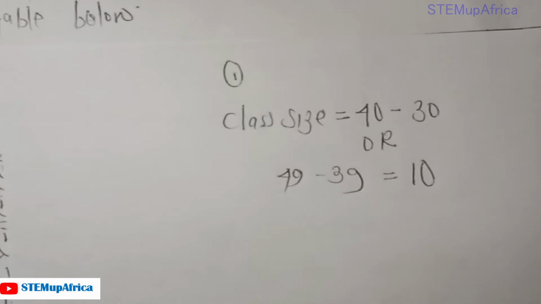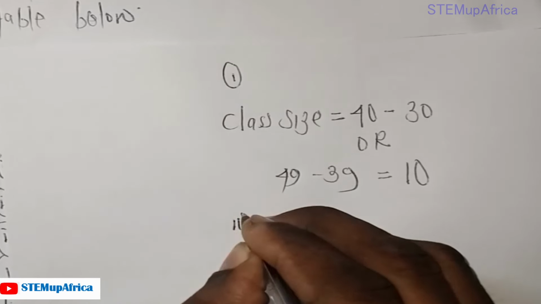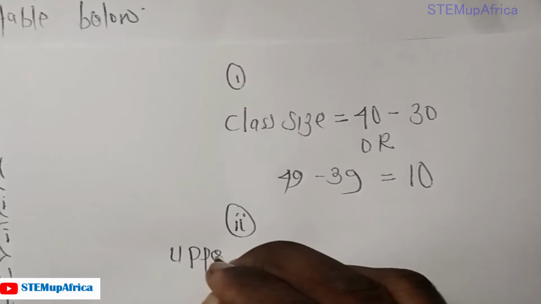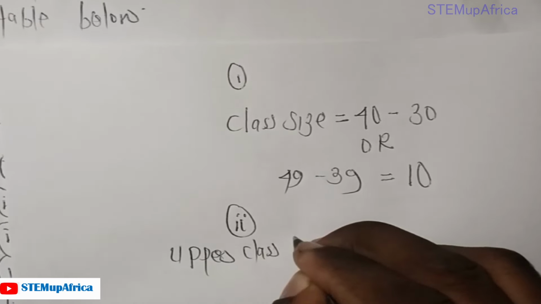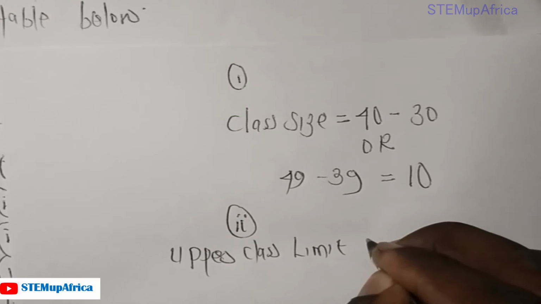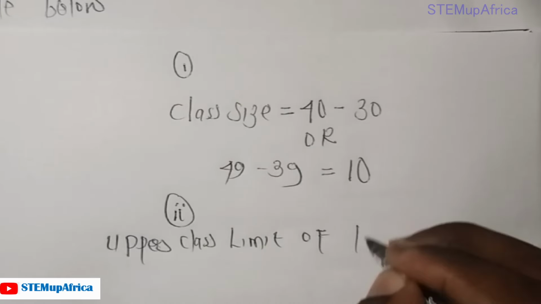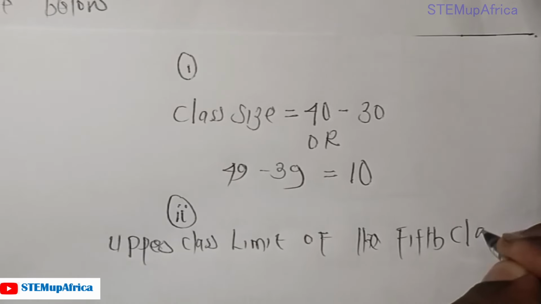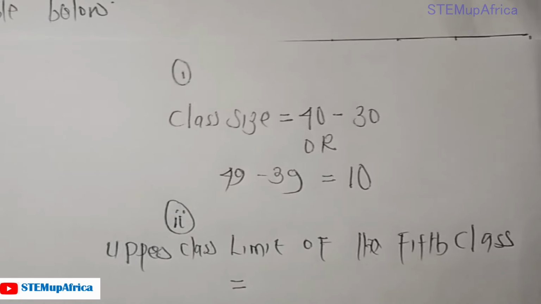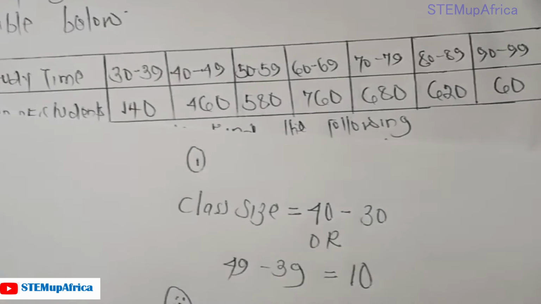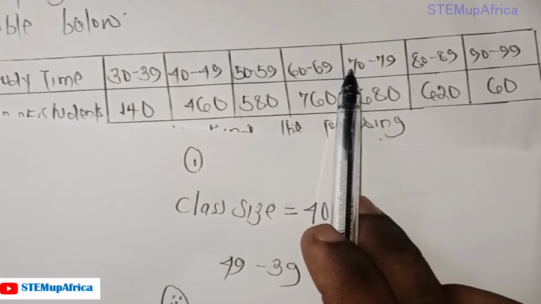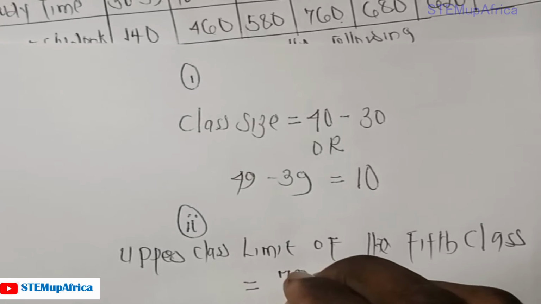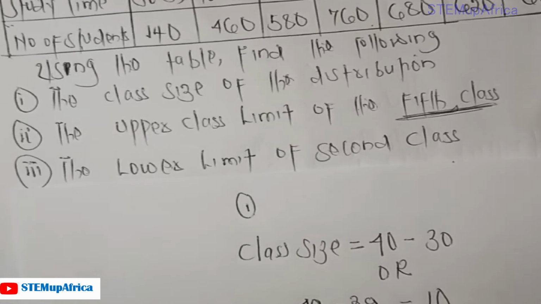So the upper class limit of the 5th class is simply 79.